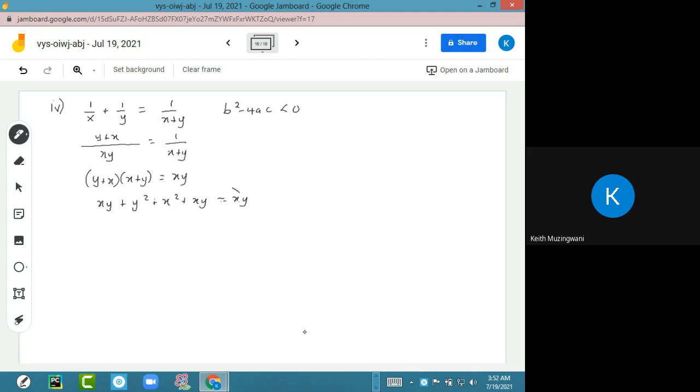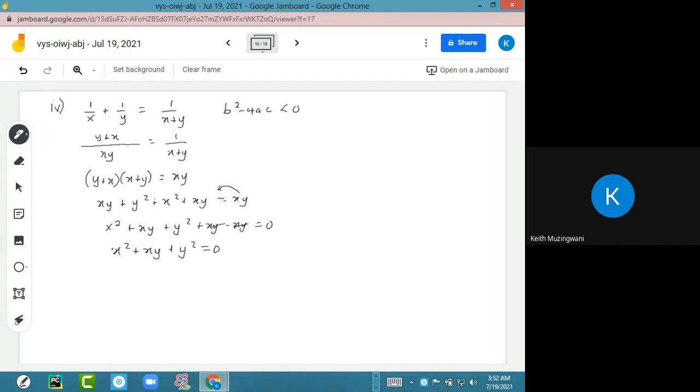If this xy jumps the other side so that we form a quadratic, we'll get xy minus xy is equal to 0. So that this gives us a 0. We remain with x squared plus xy plus y squared is equal to 0.